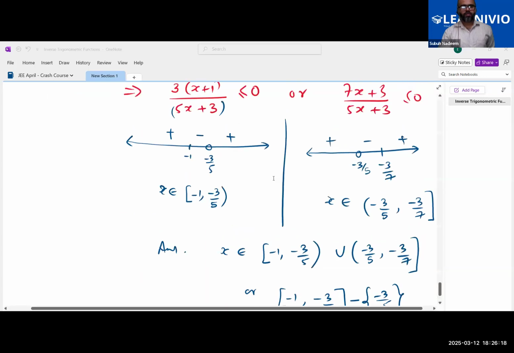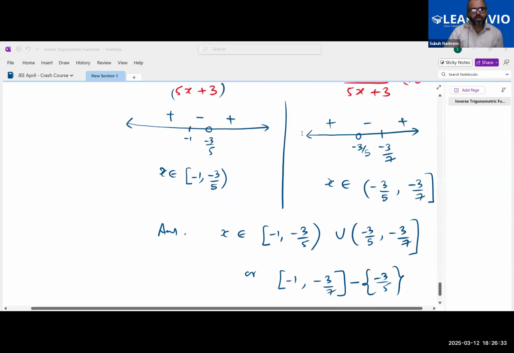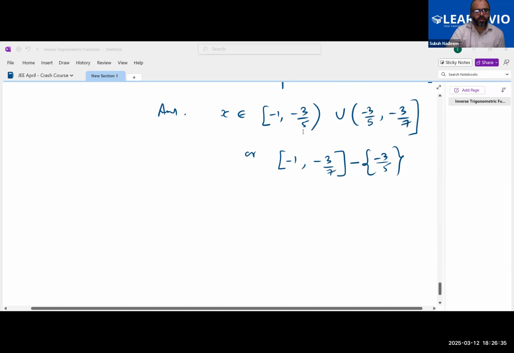Write this part also. Principal values, you should remember, let me write it here only. Principal values, what are those?